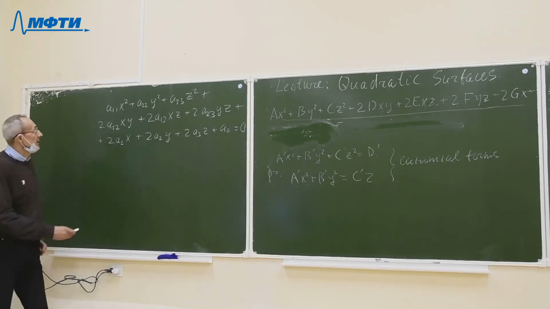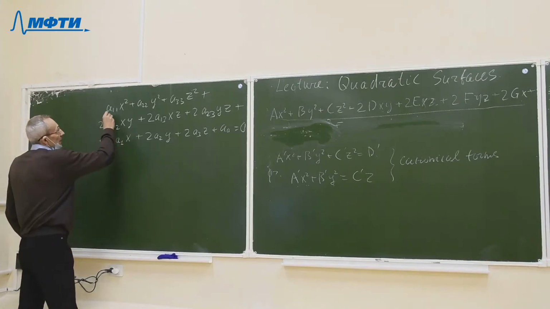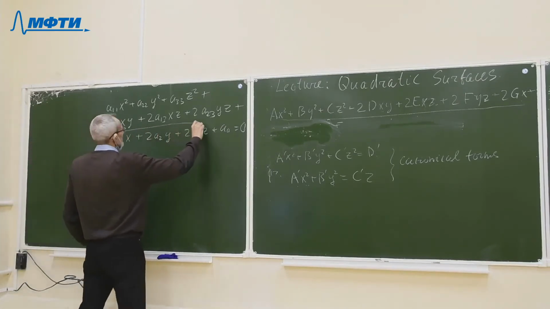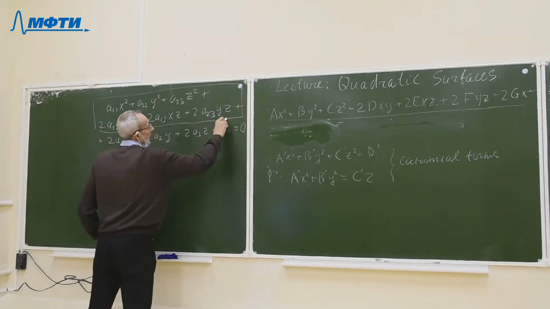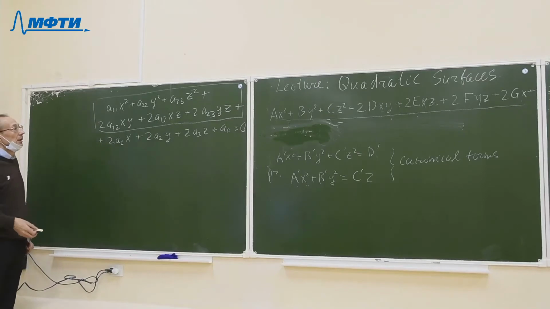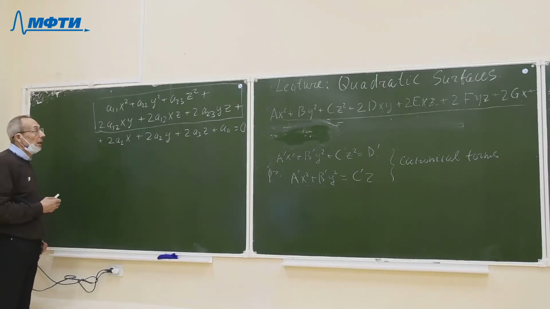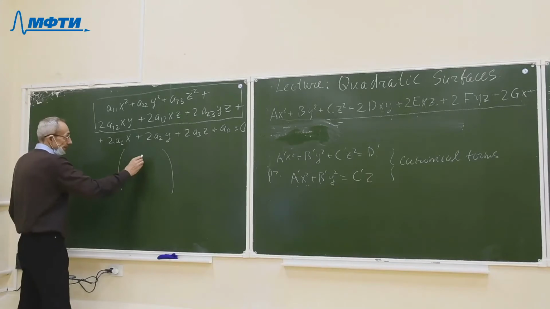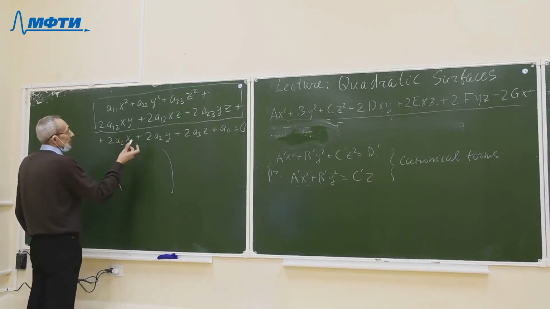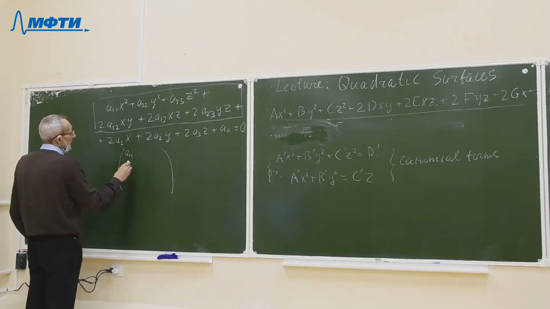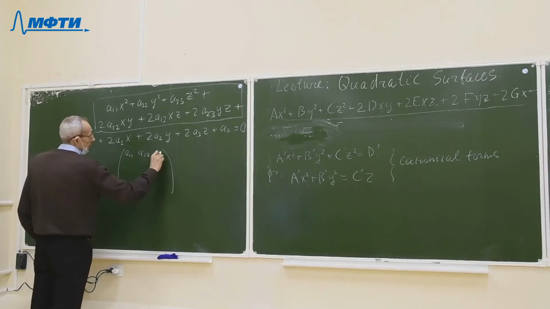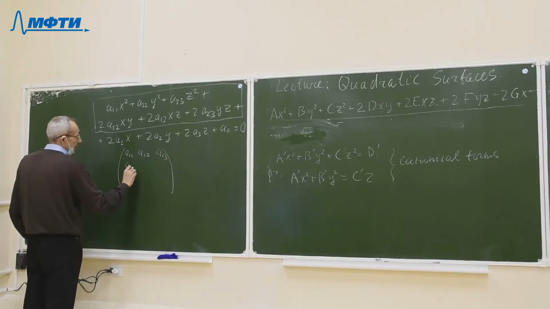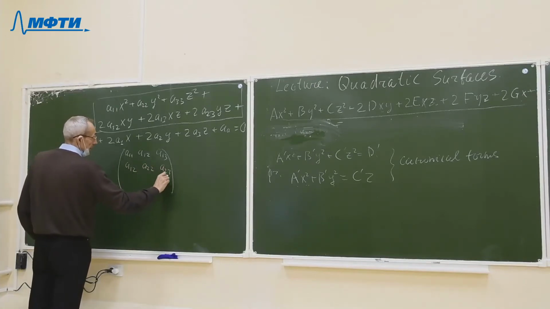And in this form, the part which contains quadratic terms is called the quadratic form, and we can correspond to this form some matrix, the matrix with elements A11, A12, A13, A12, A22, A23, A13, A23, A33.